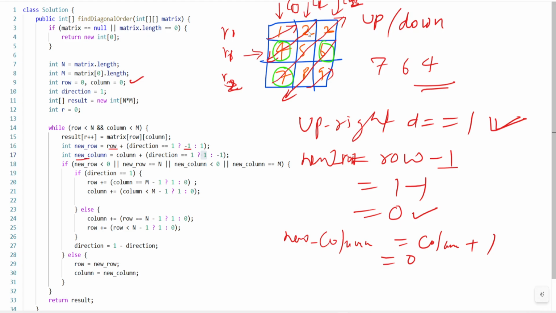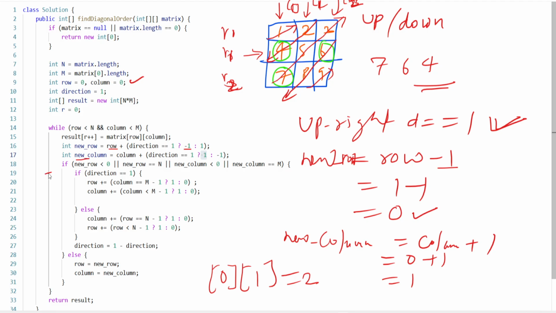We want 2. To get the 2, we just add 1. In this case, it will become 0 and 1. At 0 and 1, what is the value? At 0 and 1, the value is 2. Correct? Because we wanted to get the 2 from 4. What is the new value? For the new row, new column is 2. And so we'll get that value. I hope you understand.